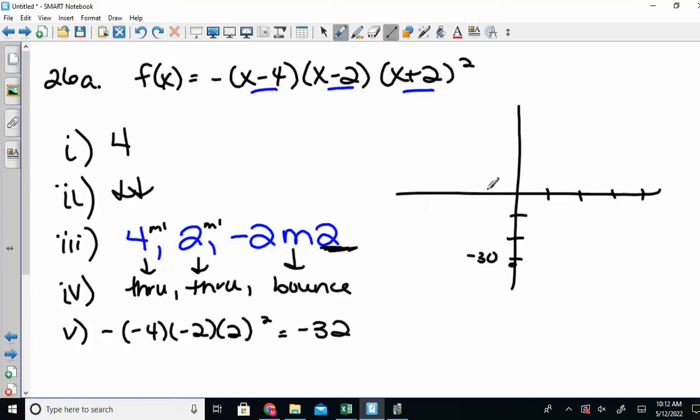We hit the x-axis at -2, 2, and 4. So my graph started down because both ends are pointing down. I hit at -2, and we said that should bounce, so we are going to bounce off. Have to hit our y-intercept, come back, hit our next 0, we said it went through, the next one we go through.